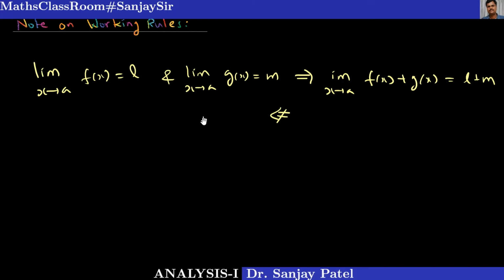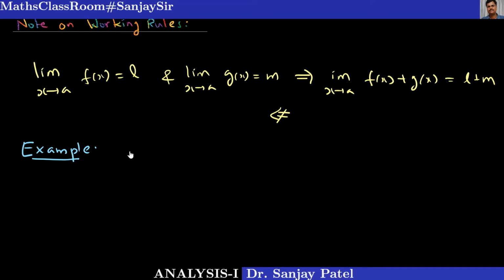So to understand more clearly why the working rule conditions are only sufficient but not necessary, I have to take one example. So first I want to prove that the limit of a particular function does not exist.